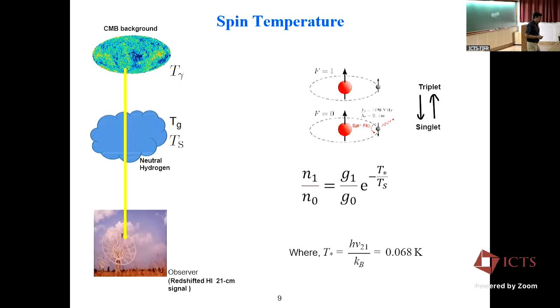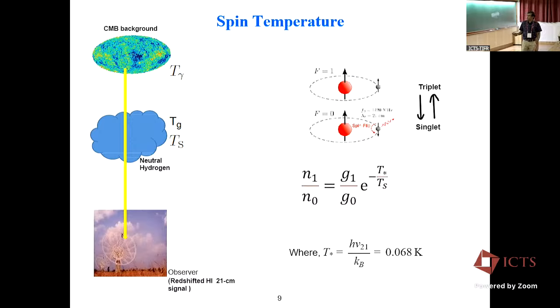So as I explained to you, there are two hyperfine states, the triplet state and the singlet state, and a hydrogen atom can be in the triplet state or in the singlet state. And there are several processes by which a hydrogen atom can go from singlet to triplet, right? There are several processes, and they are in equilibrium.